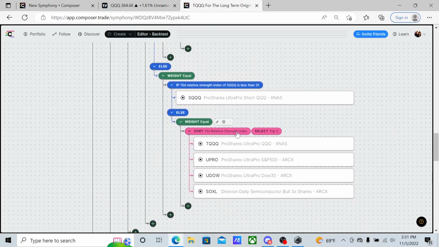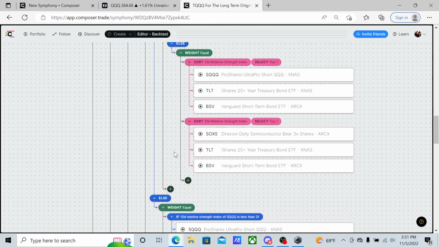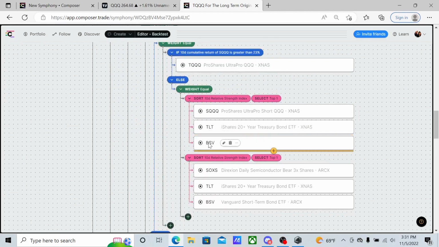As you guys can see, I've been kind of playing with this, trying out different things. Like I said earlier, I'm trying out plugging in TLT and BSV at the same time while shorting. I'm actually thinking about removing SOXS from the original and maybe just sticking with SQQQ or plugging in something else right here.